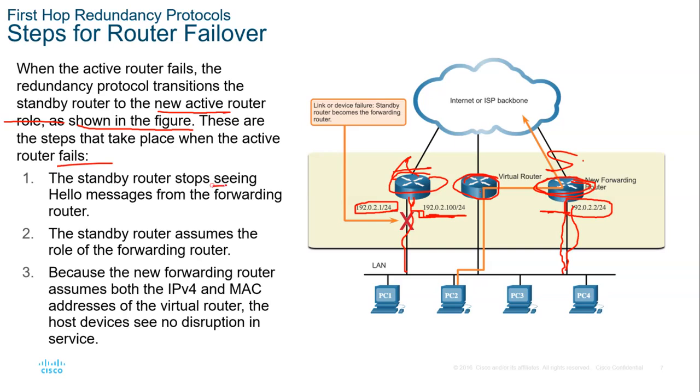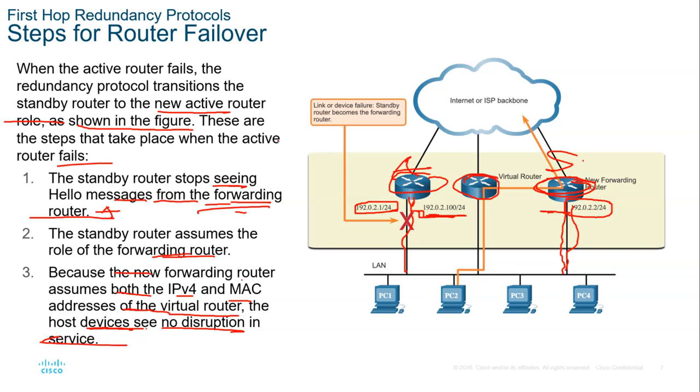The standby router acts when it stops seeing the hello messages from the forwarding router, that is the active router. The standby router then assumes the role of forwarding router. Because the new forwarding router assumes both the IP and MAC address of the virtual router, the host device sees no disruption in the service.